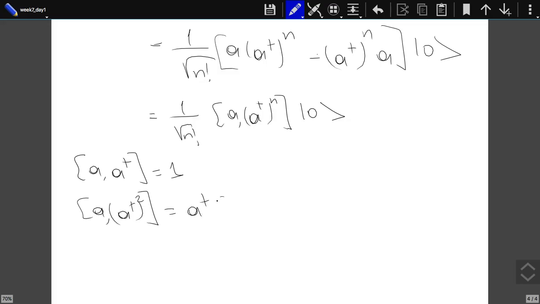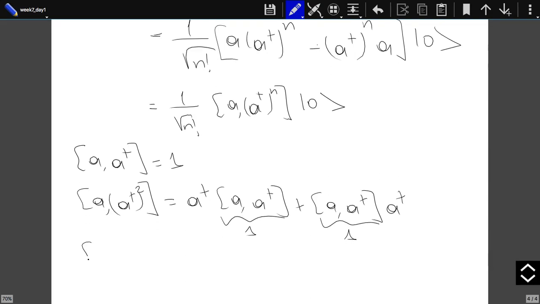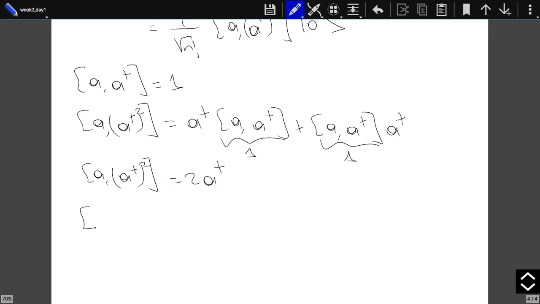This is equal to a dagger times the commutator of A and a dagger, plus the commutator of A and a dagger times a dagger. Well, this commutator is 1. So the commutator with a dagger squared is just twice a dagger. Well, let's continue. Let's try to see some pattern so we can generalize it to an arbitrary power of a dagger.